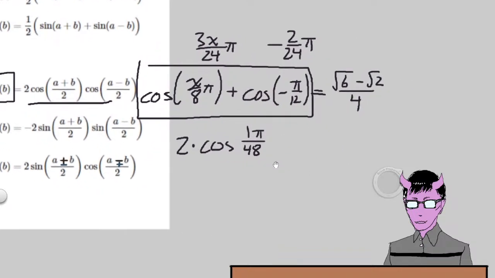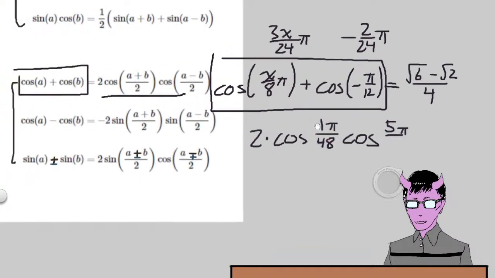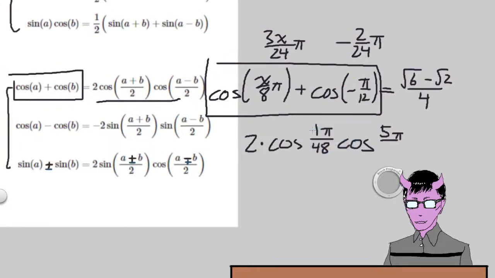Let me check the other one. So if we had done the minus, do we also get a bad situation? Yeah, it's going to be 3 minus 2, which is 1. Oh, 3 minus minus, so that's going to be 5 pi over 24, but then 24 is divided by... Or did I get confused?